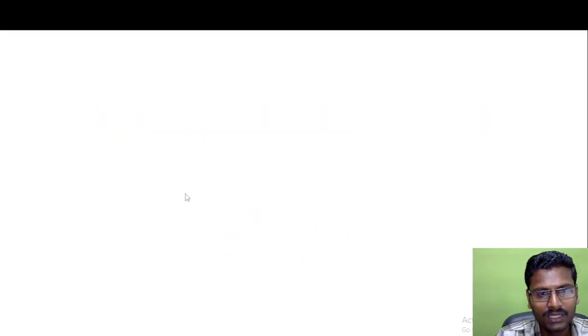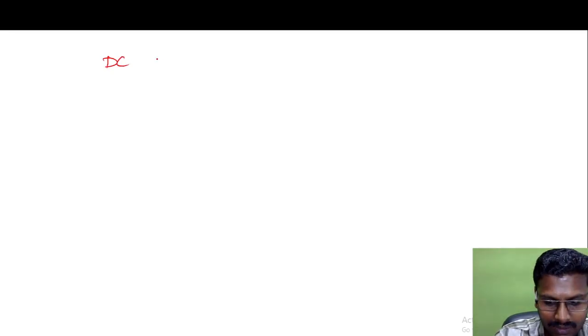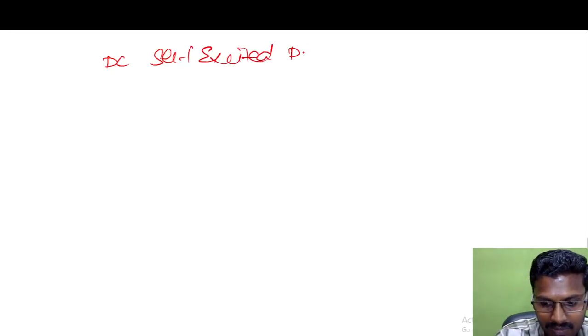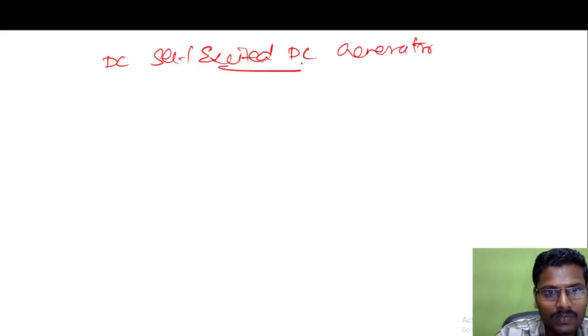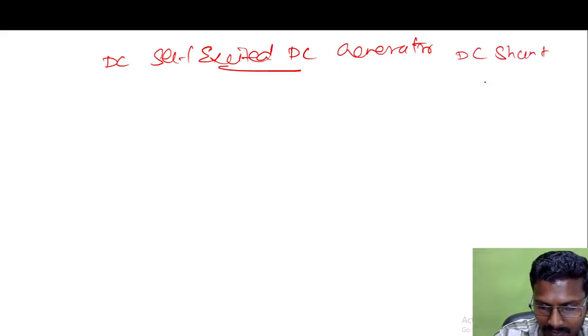Which is the DC self-excited DC generator, right? So as I already told, it is classified into DC shunt, DC series and DC compound.